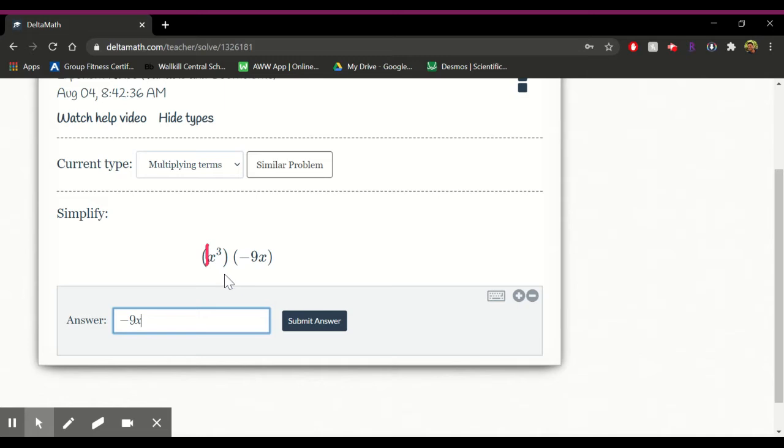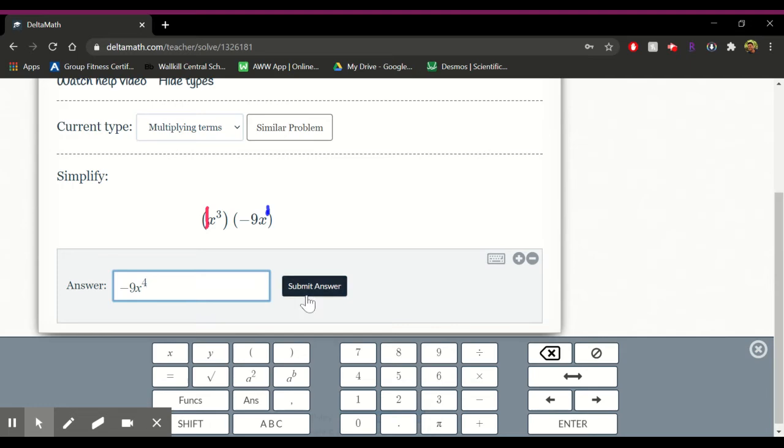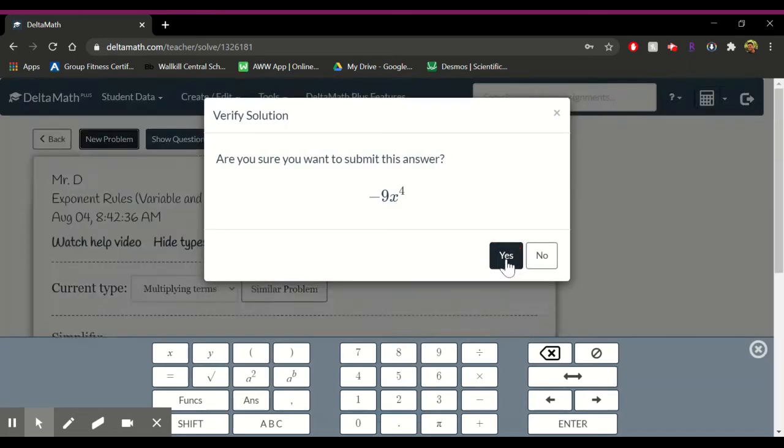Keep the base, x. Also, there's a 1 up here with the exponent that you can't see. All right. 3 plus 1 is 4. So you multiply the numbers out in front, keep the base, add the exponents. So 3 plus 1 is 4. Use my little keyboard here. 4, submit, boom.